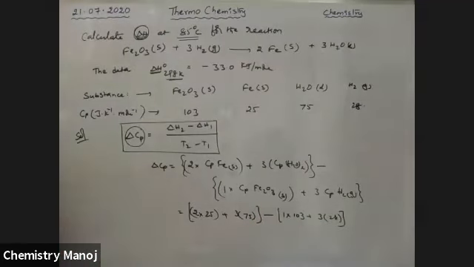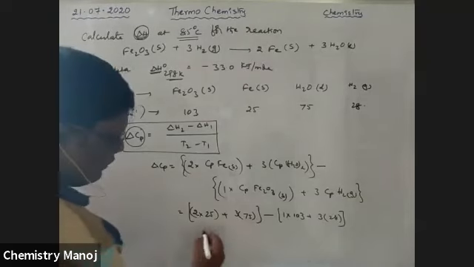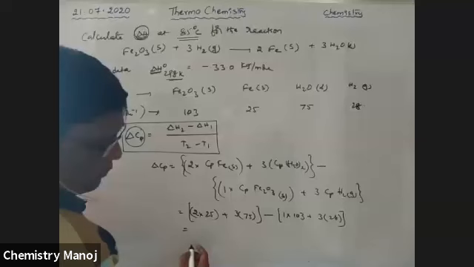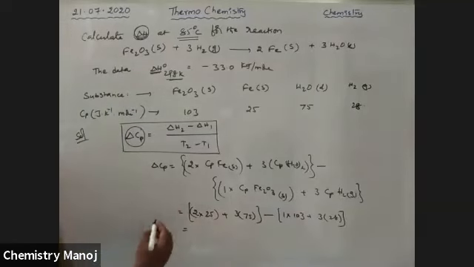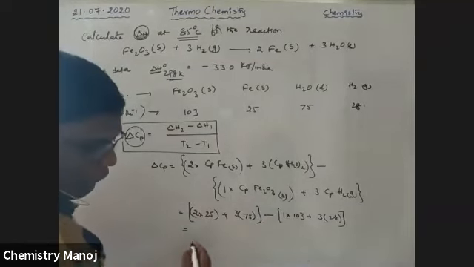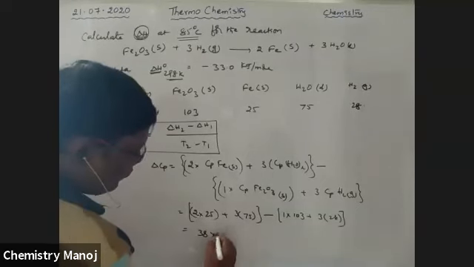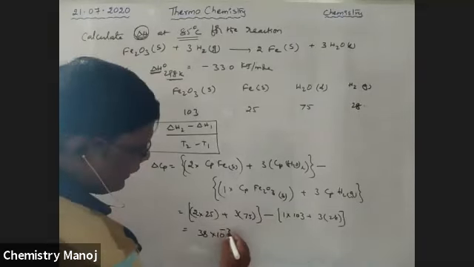So finally we will get the answer, that is 38 into 10 power minus 3 kilojoules.